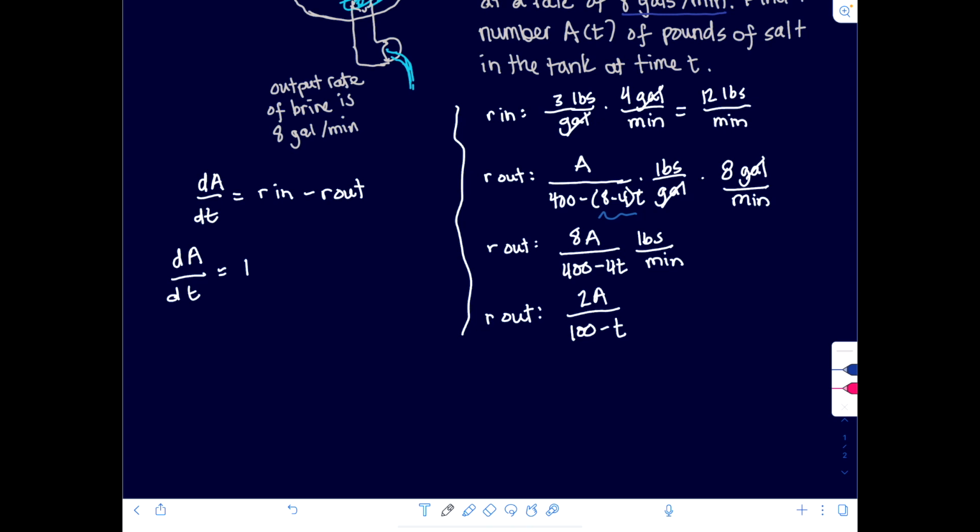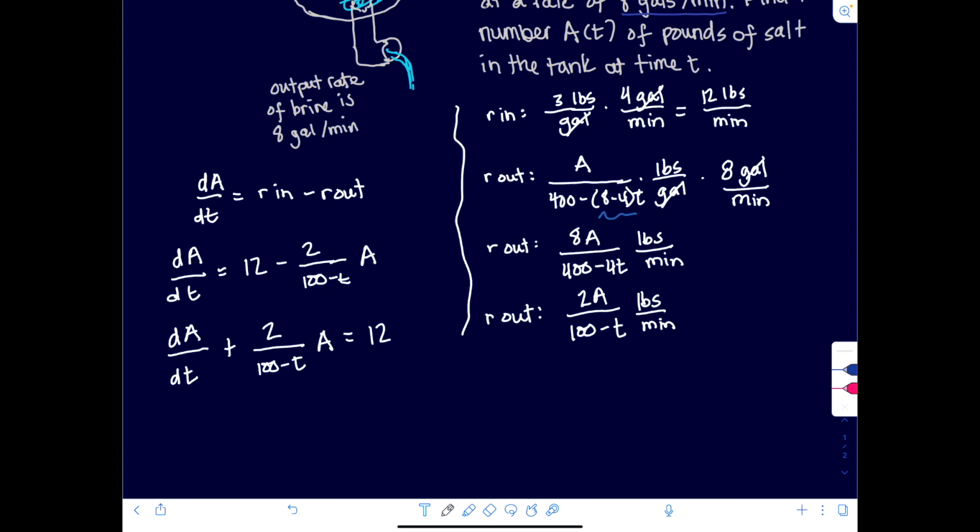And then minus 2 over 100 minus t, I'm separating it, and then times A. Now, to get this in the form where it's a linear DE, we'll get dA/dt and the other A term on one side and the constant on the other. So we will have dA/dt plus 2 over quantity 100 minus t times A equals 12.